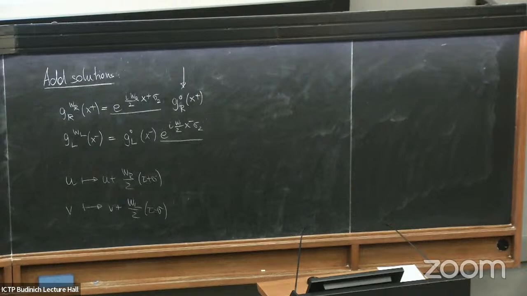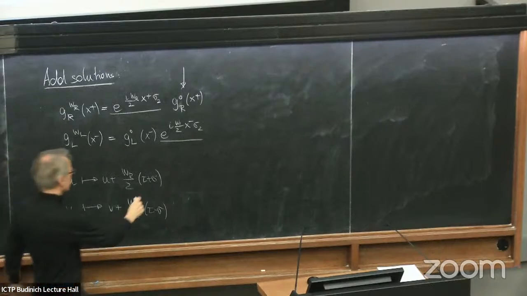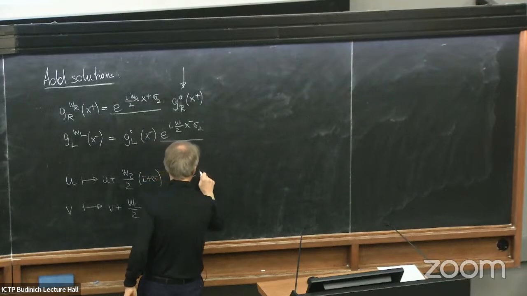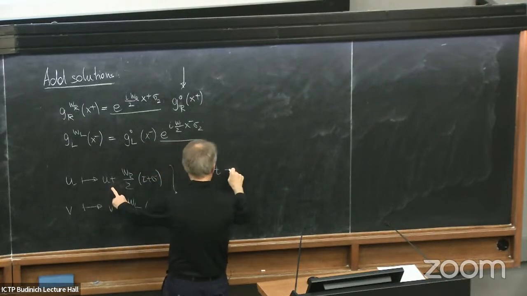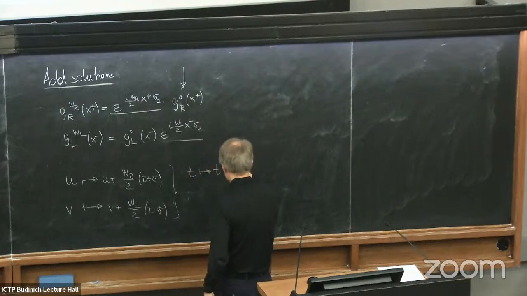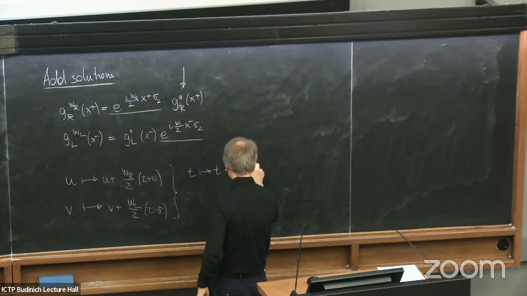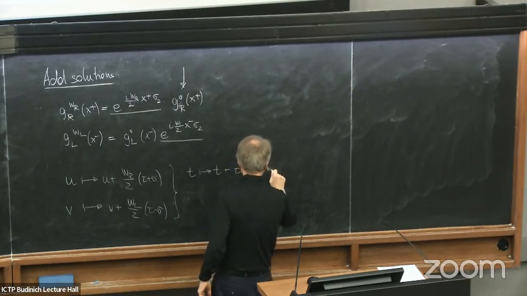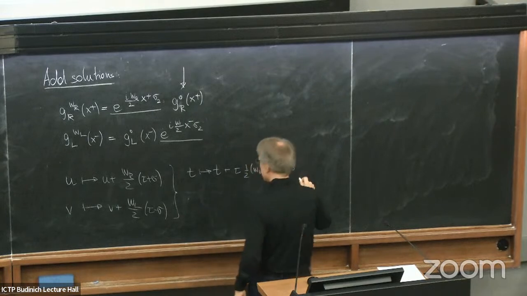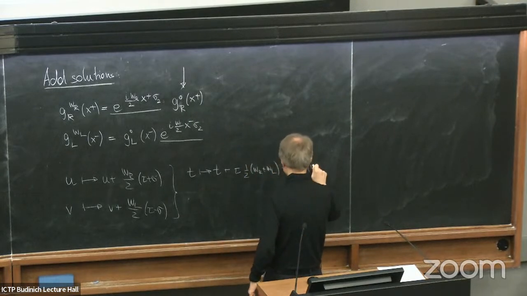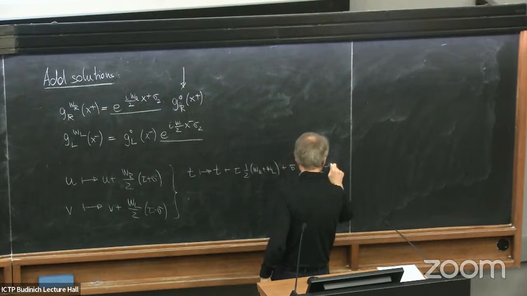Well, remember that u and v are the light cone coordinates in target space. So if I translate them back into t and phi, t is the sum and phi is the difference. So what this means is that t gets shifted: t goes to t plus a term proportional to tau, which will go like a half times w right plus w left, and a term proportional to sigma times a half times w right minus w left.